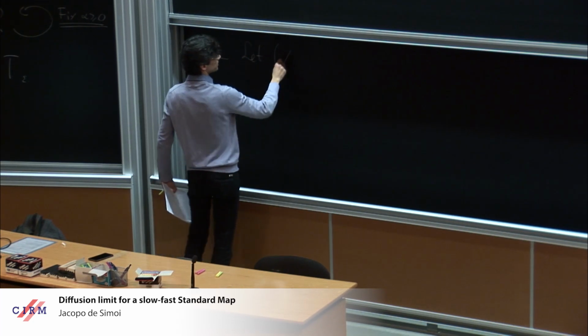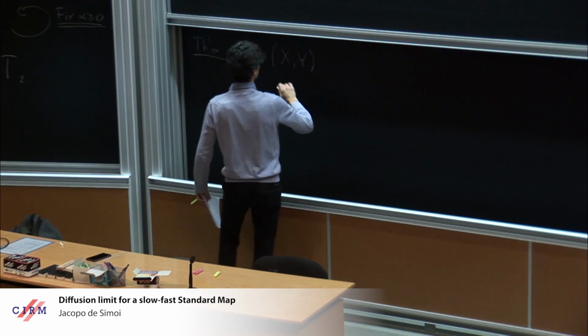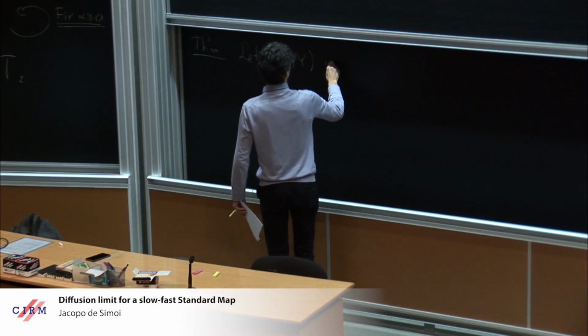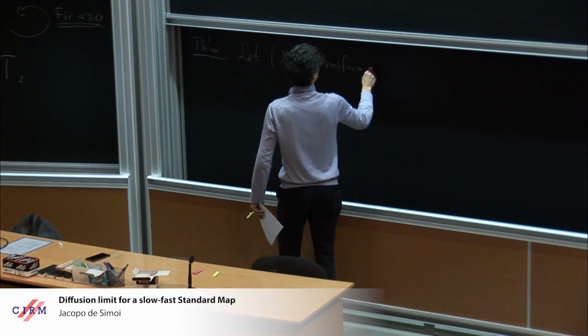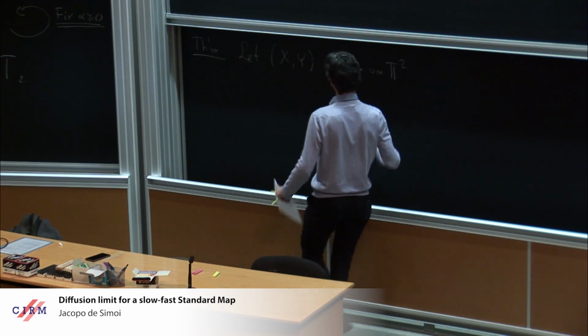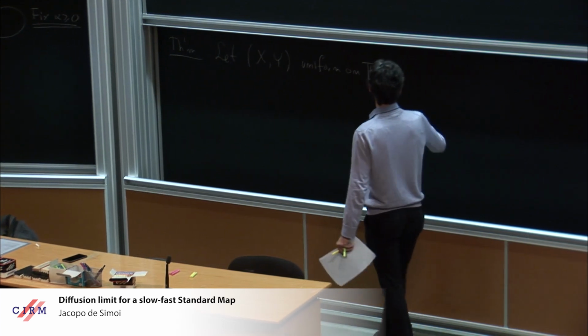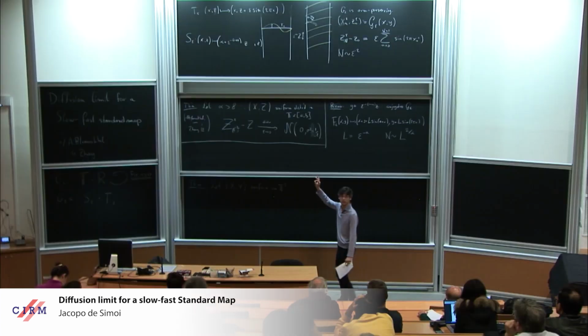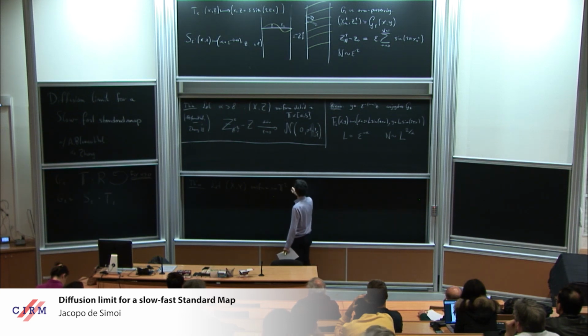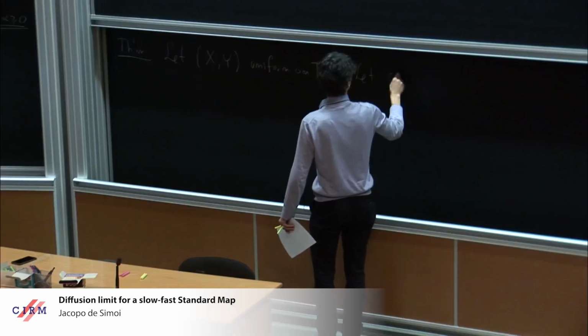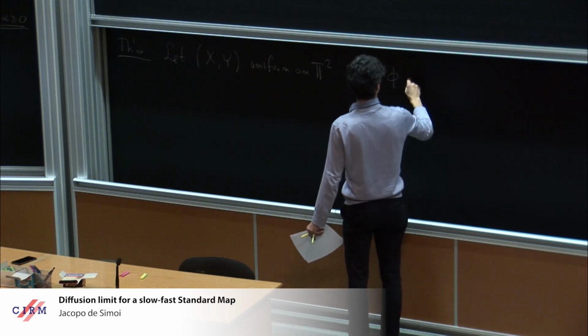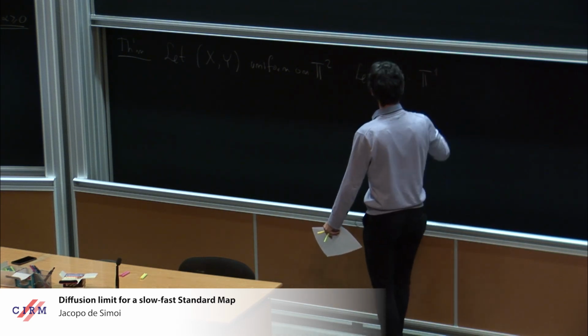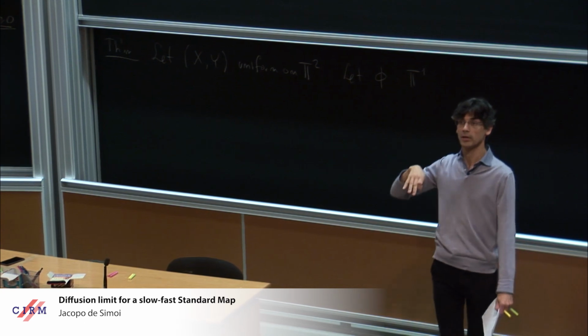So now I have a uniform distribution of my initial conditions on the two torus. And I consider, well, let me state the delta more general statement of this above here. So let phi be an observable of the x variable only.